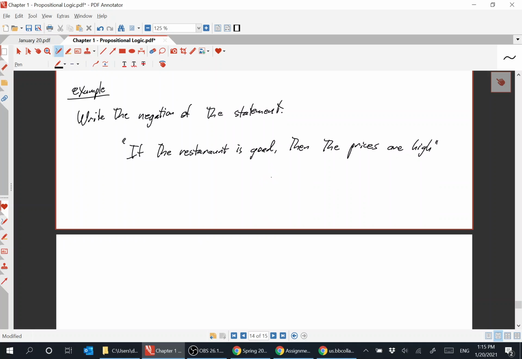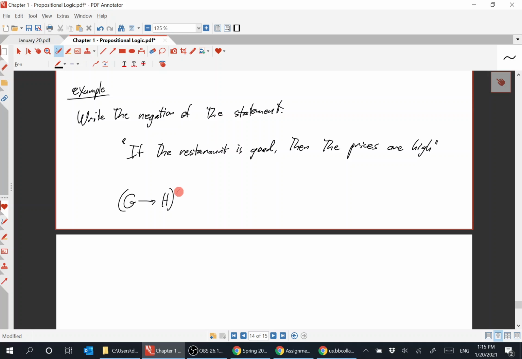So we want to negate that. Well, the first thing you want to do is translate this into propositional logic. So that's G implies H. And now you want to negate it. So you do the 2001 speech pattern. G implies H, not, right?